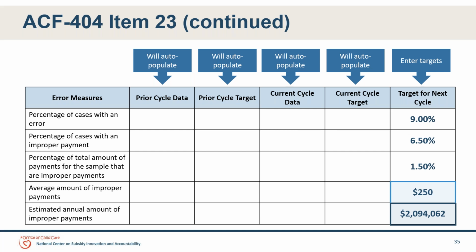And we know you don't necessarily know what your annual amount of payments is going to be in 3 years when you are doing your reviews again. But if you can think of a ballpark figure, or you could use this year's annual amount of payments, that can be a proxy. Doing that multiplication can help come up with your estimate for your target for annual amount of improper payments. So what I'm getting at is that there should be some logic behind how you came up with this last figure.